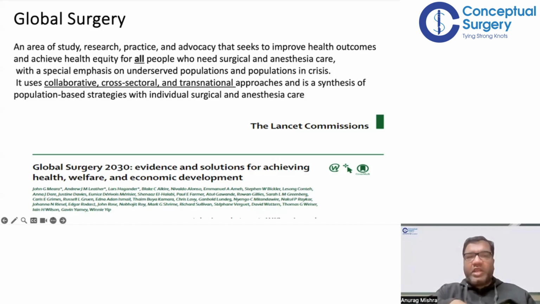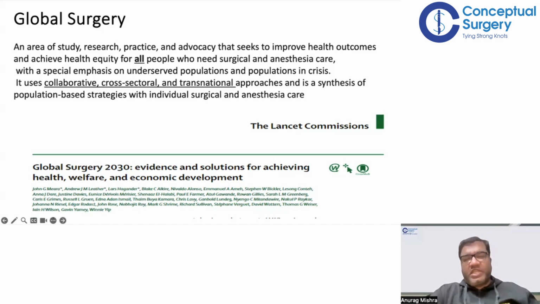All kinds of procedures are available to everyone irrespective of where they live, irrespective of how much money they have. A lot of people do not get access to surgical services or treatment, so there are a group of surgeons who work just on this area, on how we can make surgical services available to everyone.